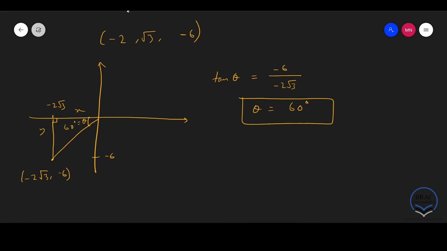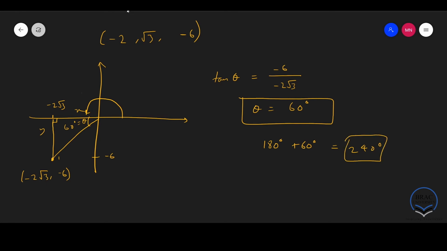This angle inside will be 60 degrees. So we will have to add 180 degrees plus theta to get the actual value of theta for this point in polar coordinates. So we will have 180 degrees plus 60 degrees, which gives us 240 degrees. So this will be our angle.